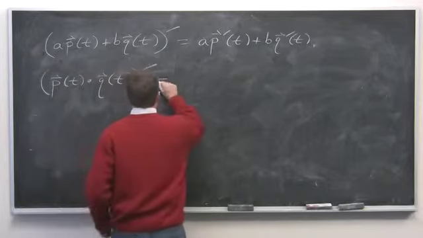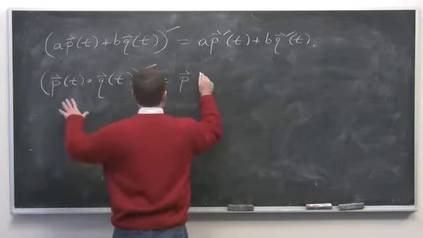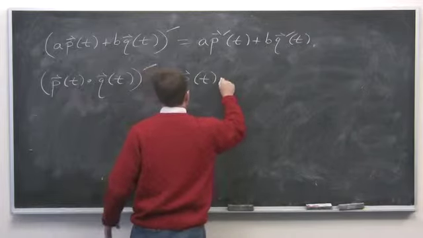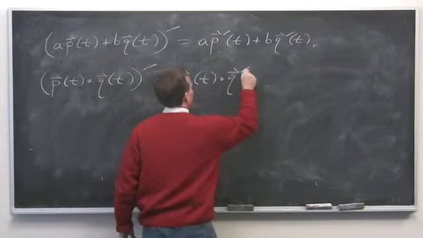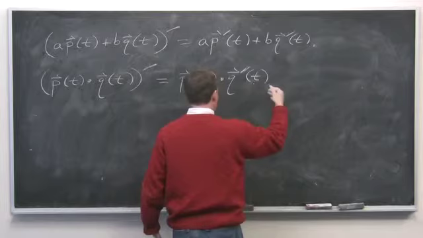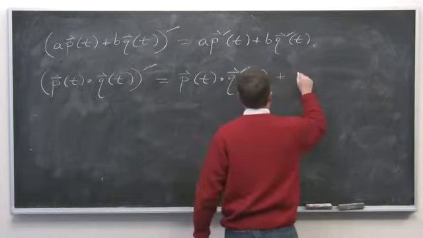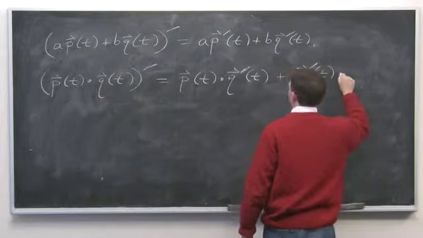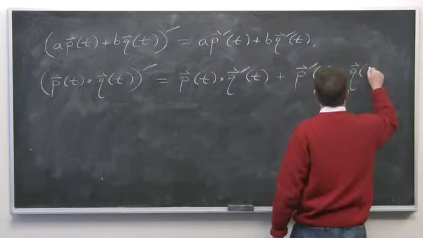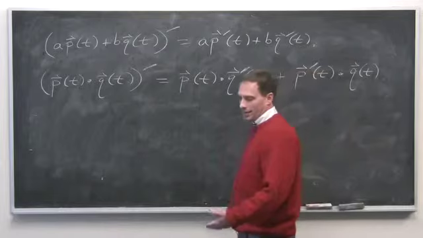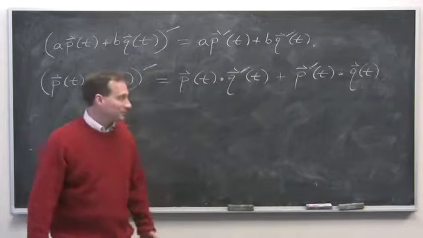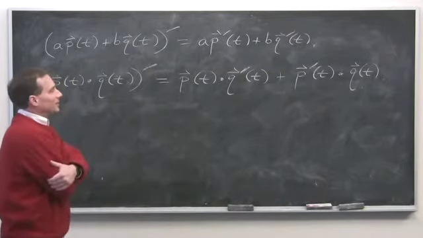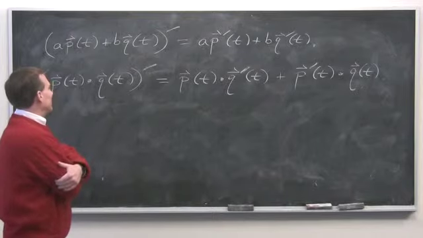So you take the first function without a derivative and dot it with the derivative of the second function. And then you put the prime on the other function and dot that with q of t. That's easy to verify. You just check it, and that's what you get.